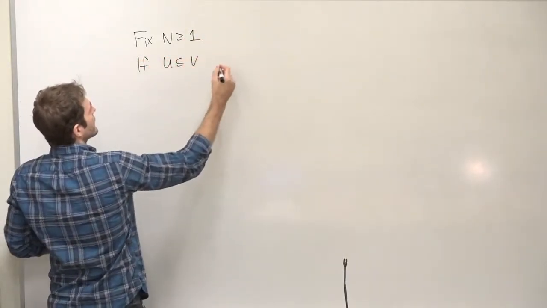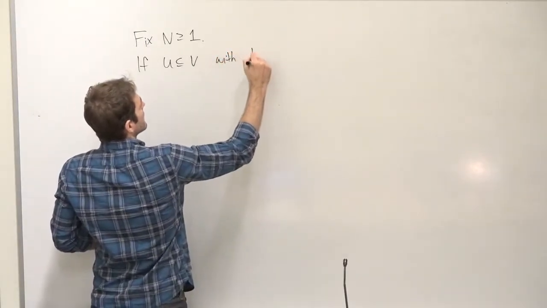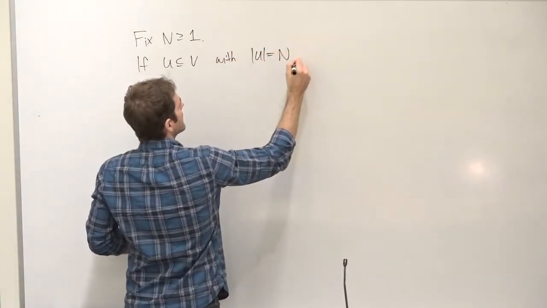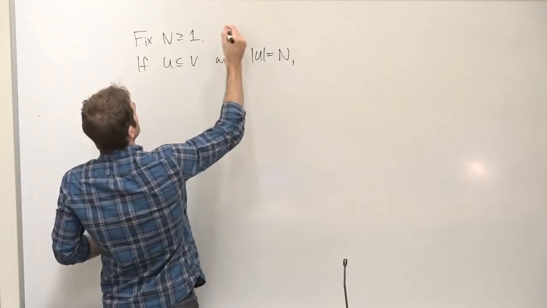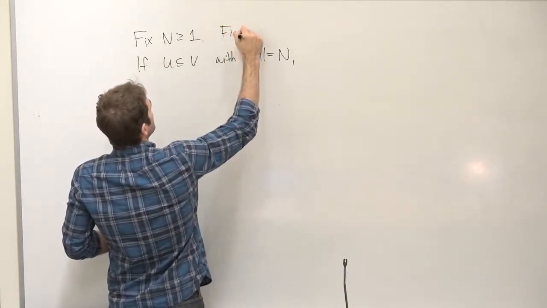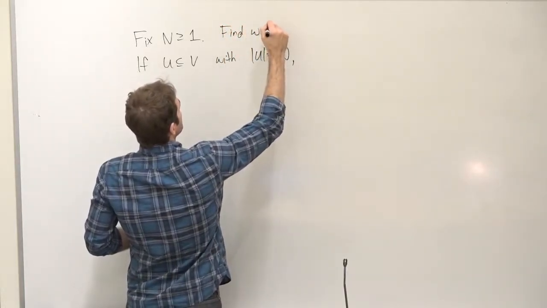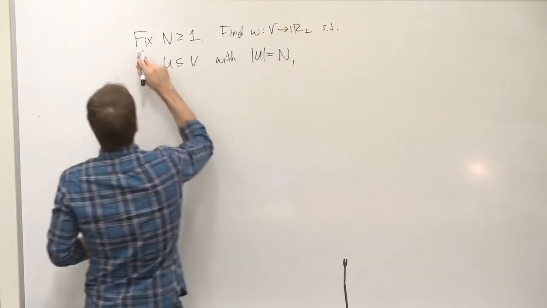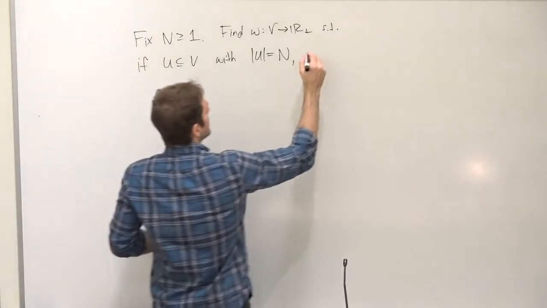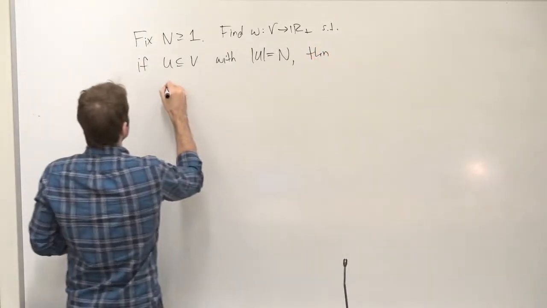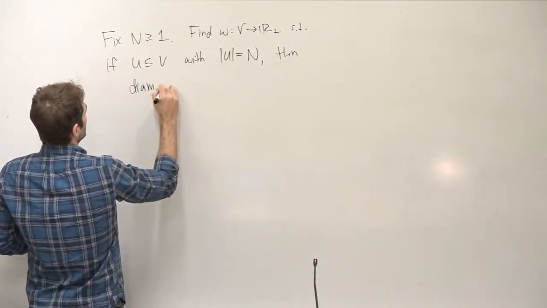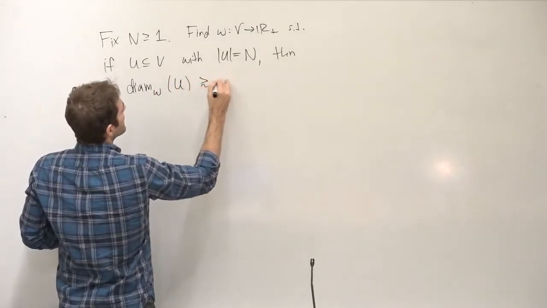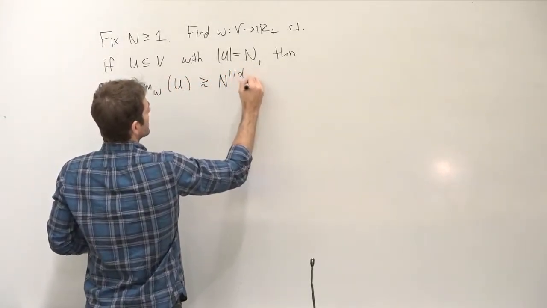If we have a subset of vertices of size n, we want to find some weight omega such that their diameter under omega is something like n to the 1 over d.